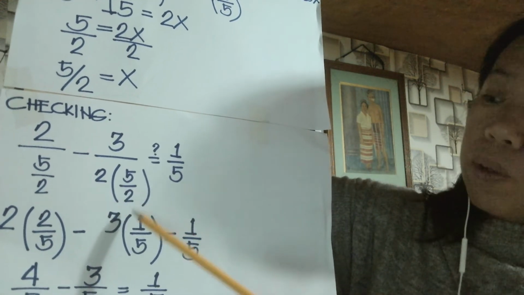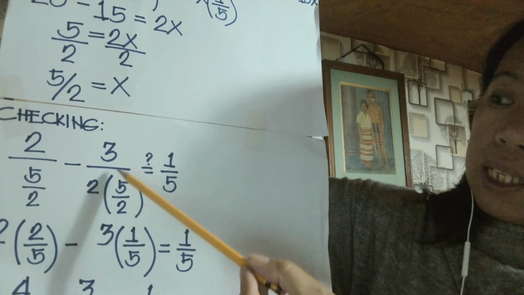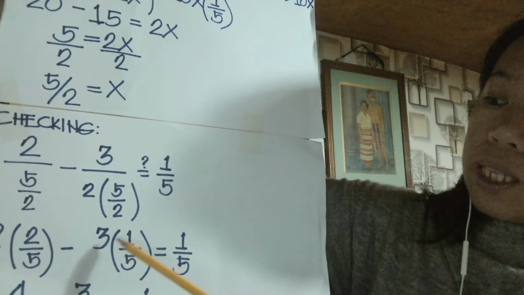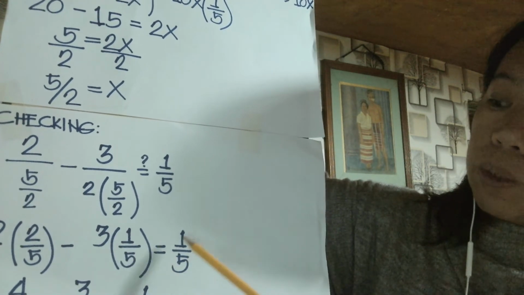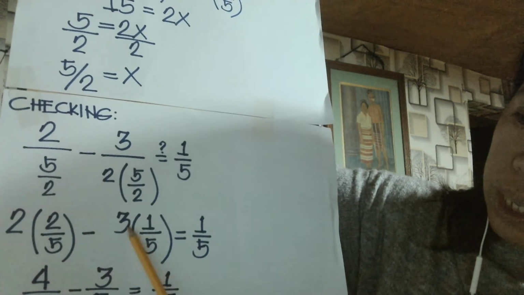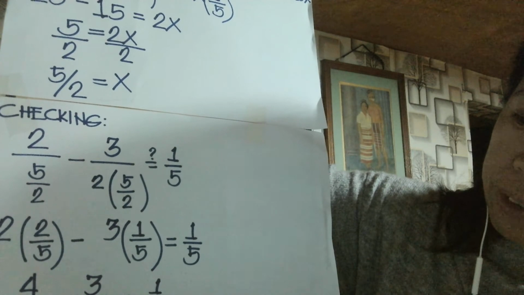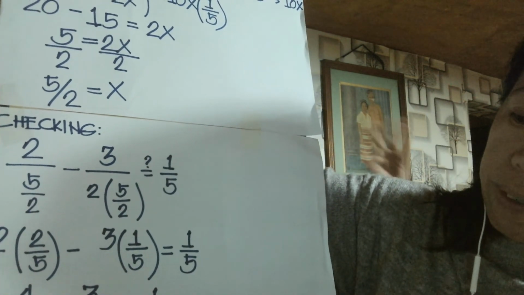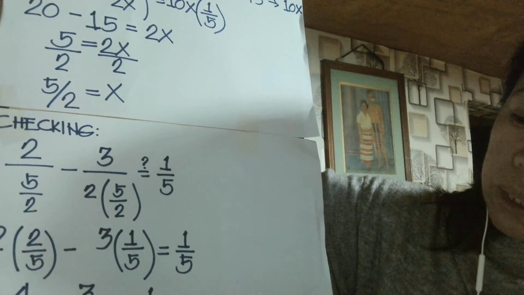But we have to get its reciprocal, which is 1/5. So 3 times 1/5 will now be equal to 3/5. Okay, so you have here 4/5 minus 3/5 is equal to 1/5.